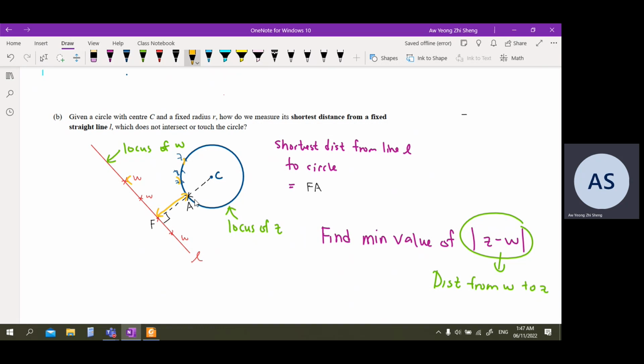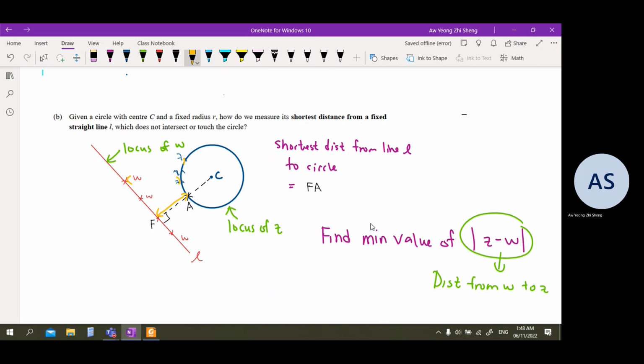Because A is a possible position for Z and F is a possible position for W. So the distance AF would give you the shortest possible distance measured from W to Z. Because W can be anywhere along the red line, and Z can be anywhere along the circumference of the circle.